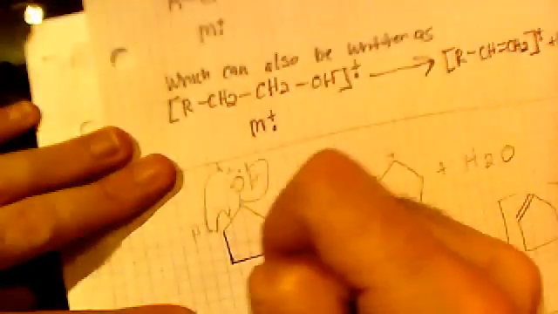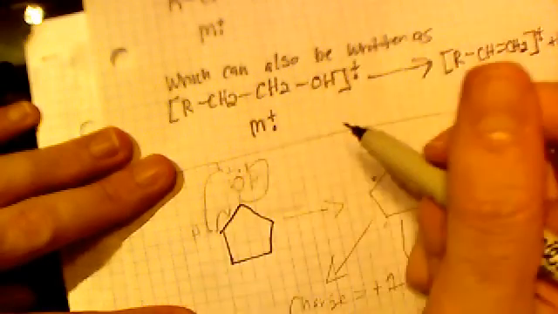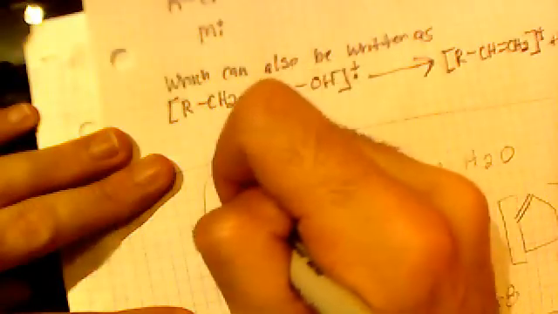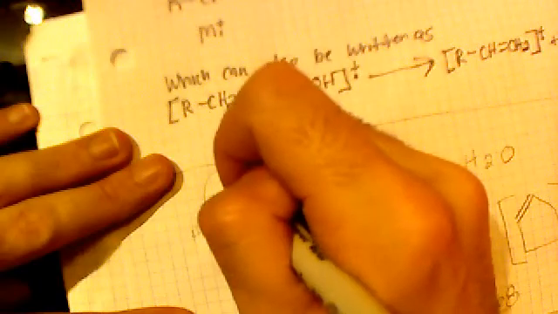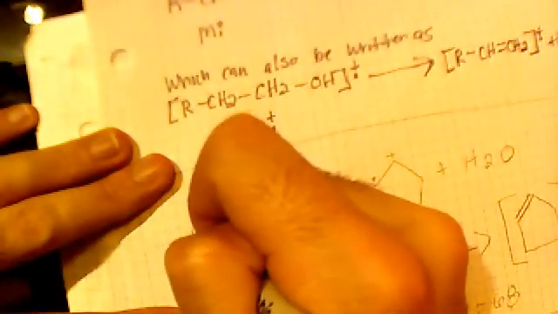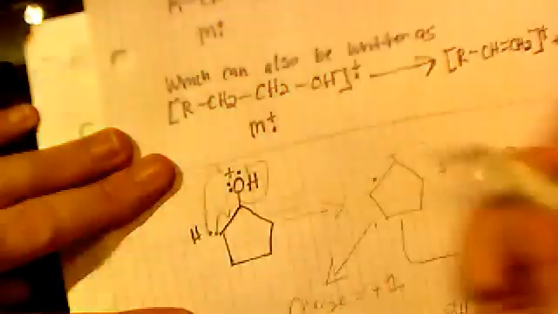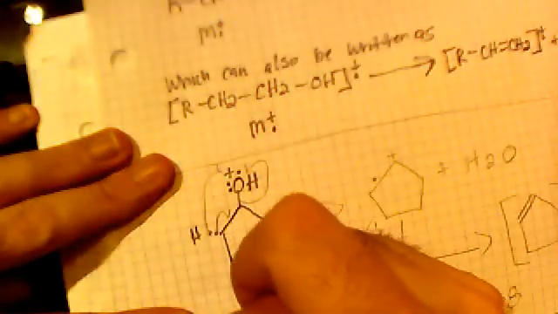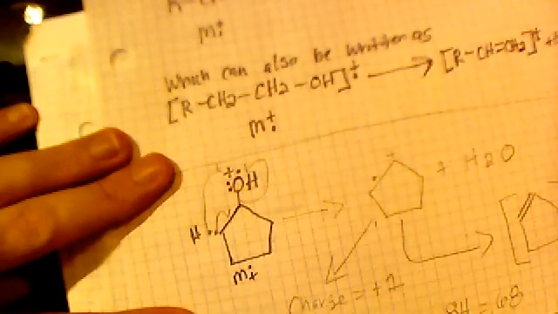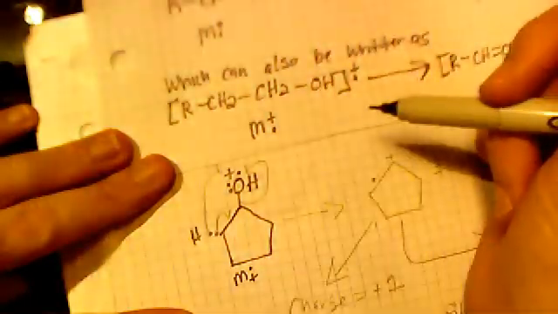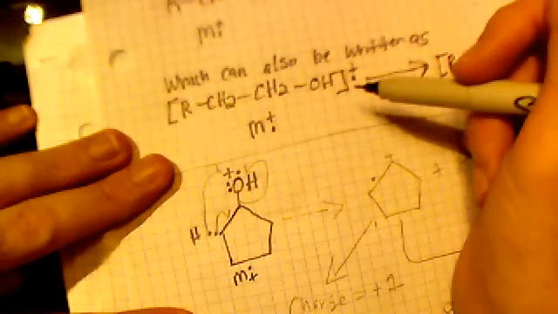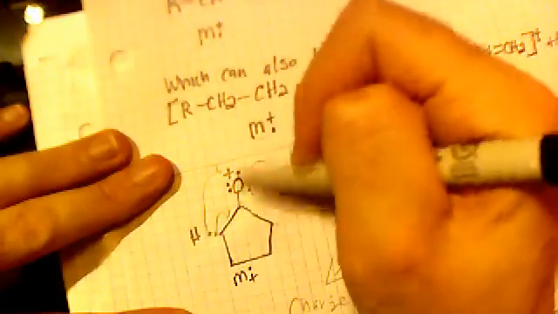So back to the dehydration of cyclopentanol. Okay, this is the not yet fragmented molecule, the not yet fragmented ion or whatever. So, okay, right, so this hydrogen here, one bond away.